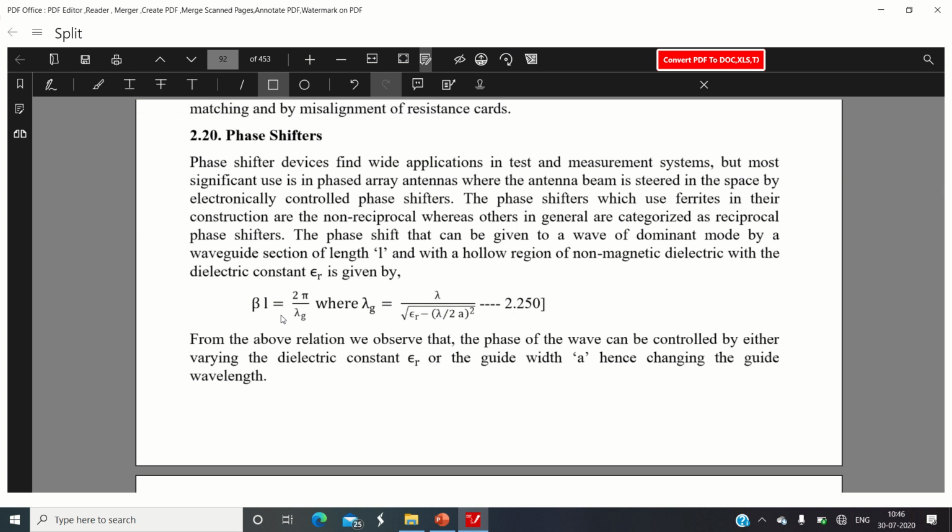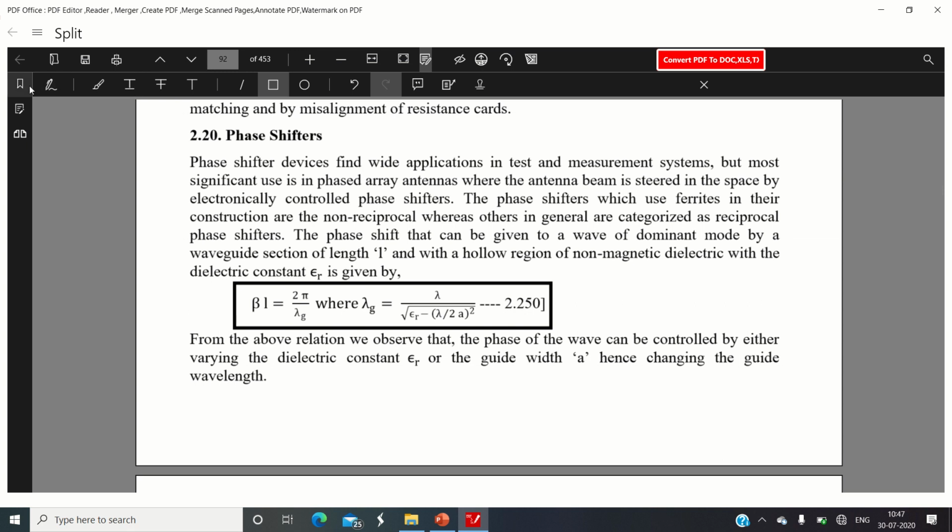Beta is the phase shift. Beta multiplied by L, where L is the length of that waveguide section, is equal to 2 pi divided by lambda g, where lambda g is what we call the guide wavelength. This guide wavelength is given with this particular equation. So the phase shift per unit length of the waveguide, beta, is given by 2 pi divided by lambda g, where lambda g is the guide wavelength, which again depends on the dimension.